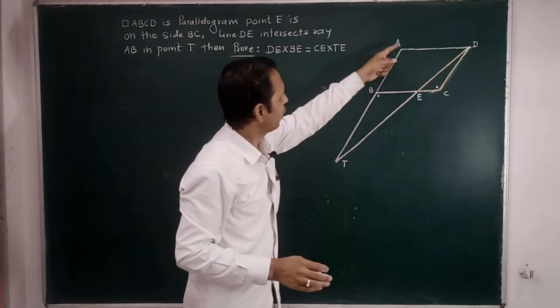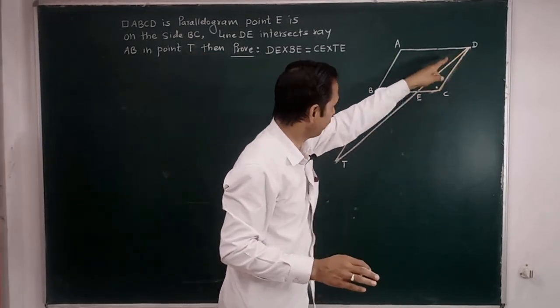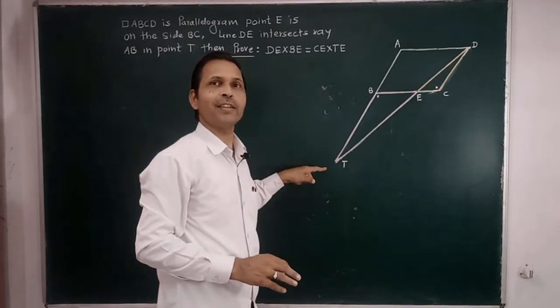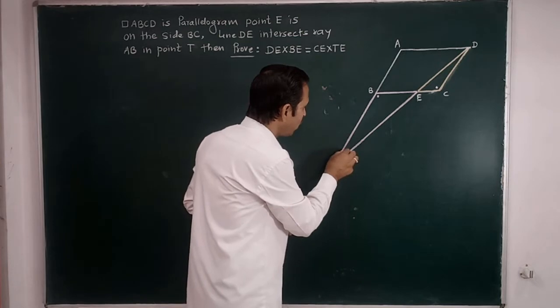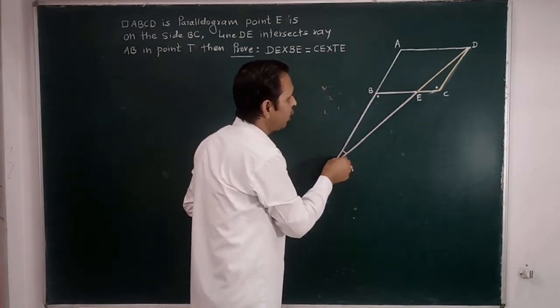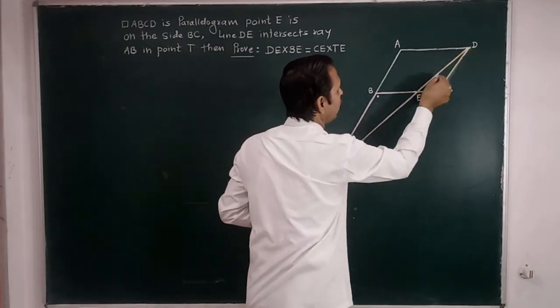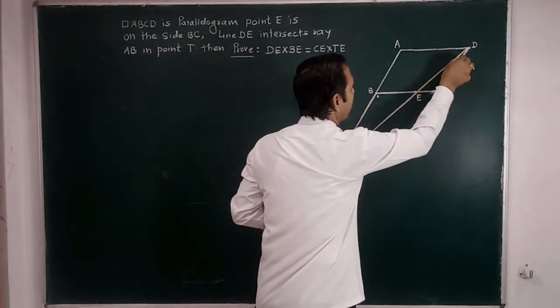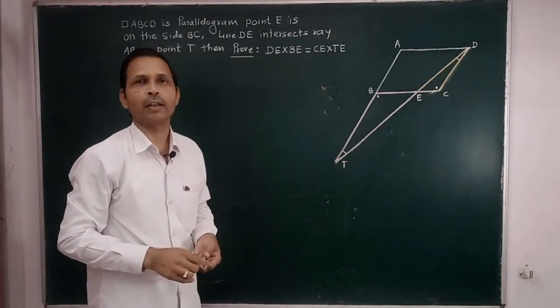Or AT is parallel to CD, and if you take DT as a transversal, then angle BTE and angle CDE are again congruent because they are also alternate angles.